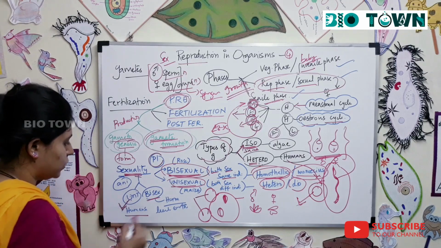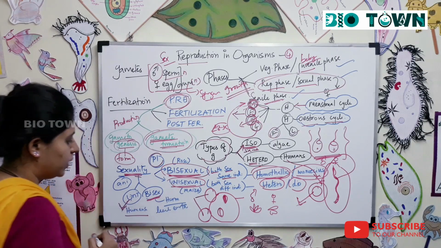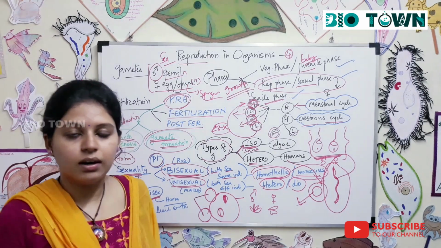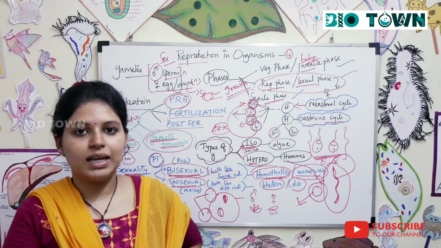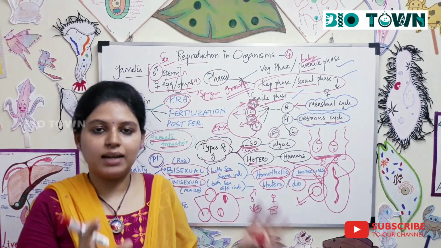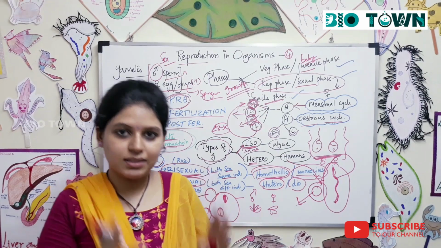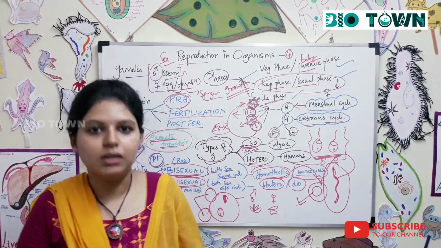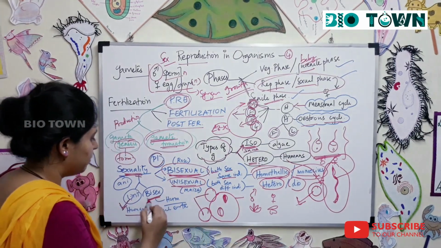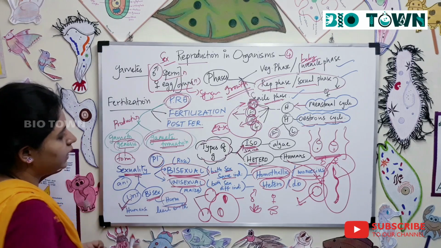That is unisexual. And in bisexual, when you see leeches and earthworms, both of their sexes, you call them hermaphrodite animals, where both of the sexes are seen in the same animal, alright? That you call a bisexual or hermaphrodite animal.